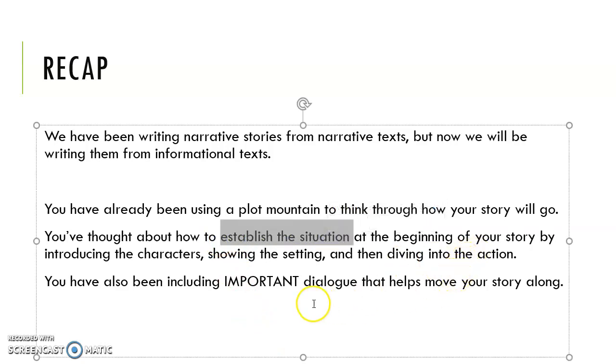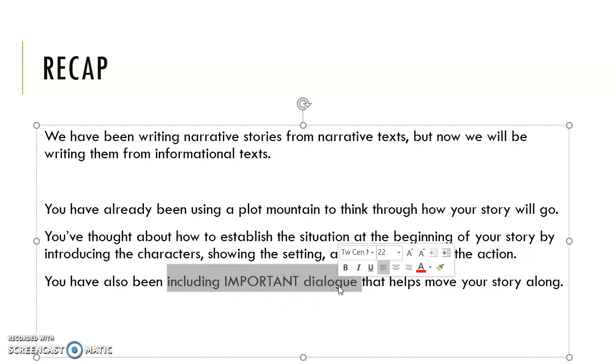What that means is your introduction introduces your characters, the setting, and then you dive right into the action of your plot. And you know from Miss Stevenson that it's really important to have dialogue in your story, but not just any dialogue. Your dialogue needs to really help move your story along, which means you think about the plot of your story as you write the dialogue.